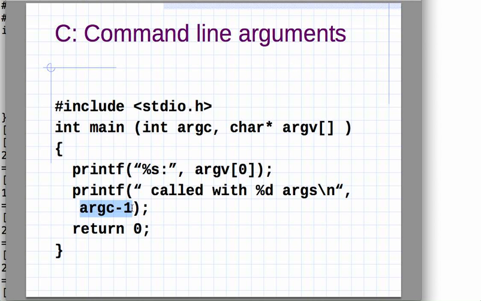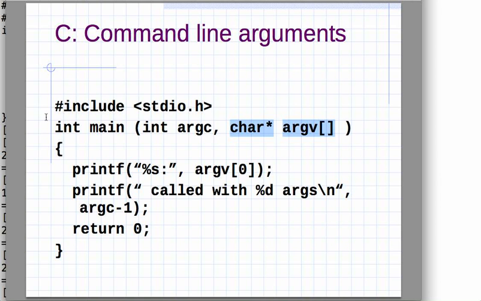You subtract 1 and you get the 2. If you run this program with no arguments, argc will be 1, so 1 minus 1 is 0, and we'll get called with 0 arguments. Okay. So once again, int argc is a count of the number of arguments including the program name, and argv is an array of all the command line arguments including the program name.